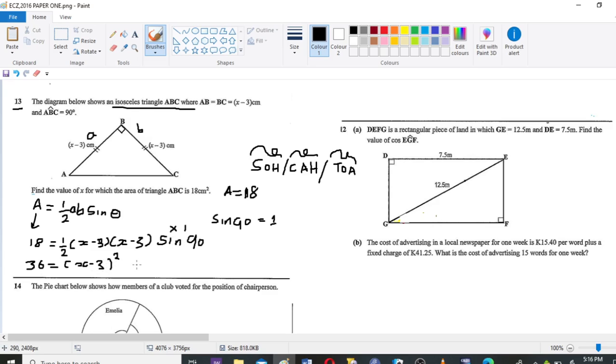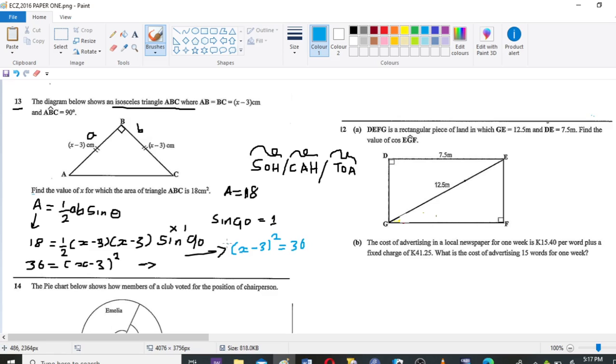Okay, so what we are having here, let me write it here. I'll use yellow. So what we are getting is x minus 3 in brackets, squared, is equal to 36, right?